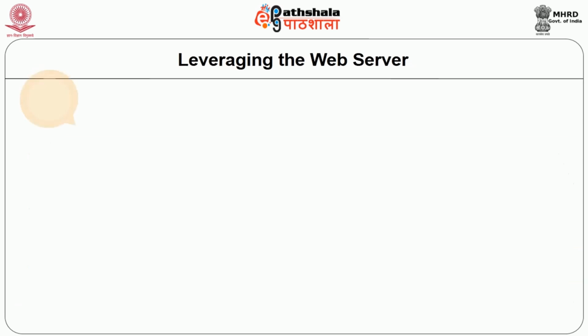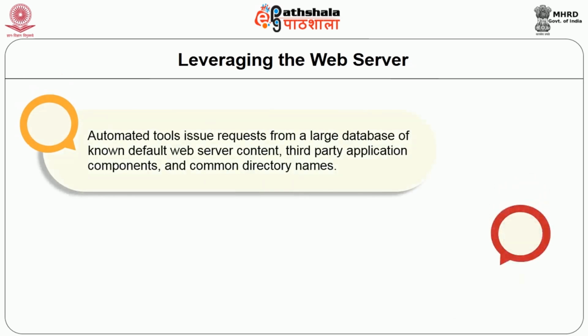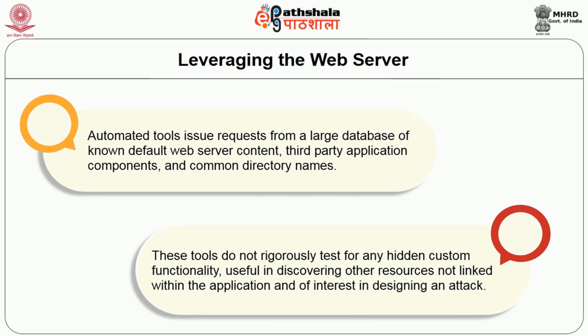directory. There are certain automated tools that lend themselves naturally to this type of task, and many of them issue requests from a large database of the known default web server content, third-party application components, and common directory names.